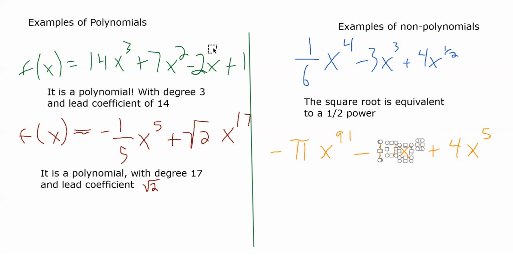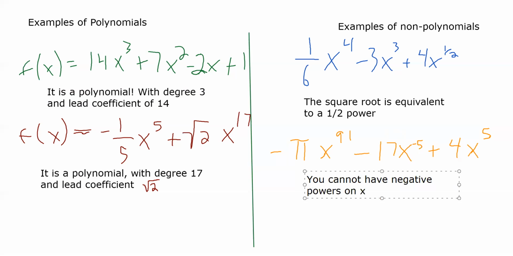Instead of just being 5, it's going to be negative 5, which completely screws everything up. You cannot have negative powers on x. That's just not going to be allowed there, Pilgrim. So that's going to fail to be a polynomial.